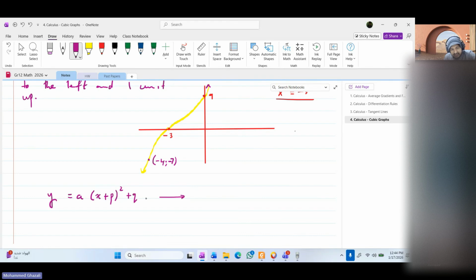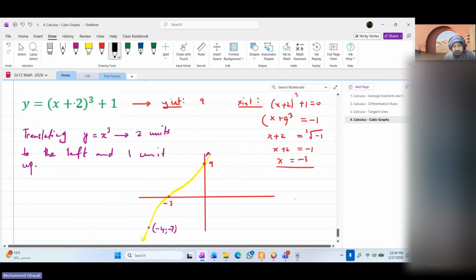When we say something like this, we are looking at a parabola, right? With turning points at p and q. Let's just say negative p now. If this is negative p, you take the opposite sign from here and there. So this is the parabola in vertex form, p and q, right?